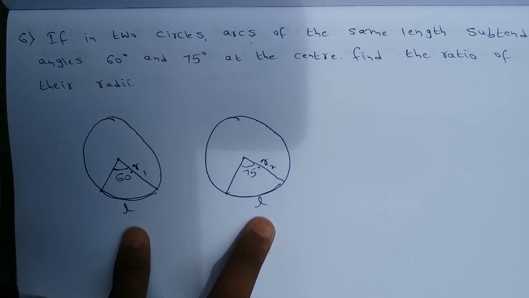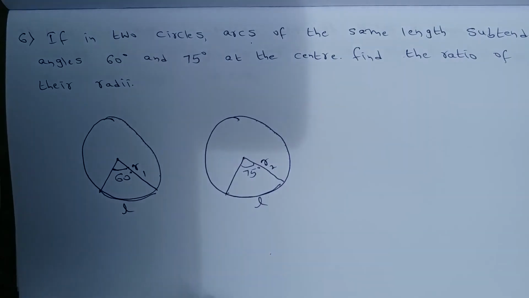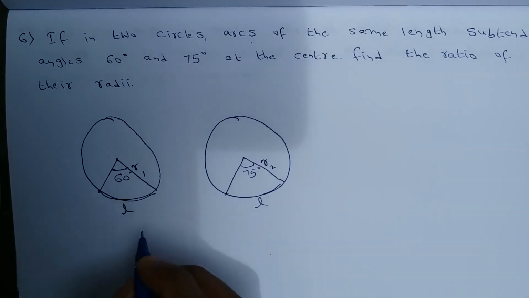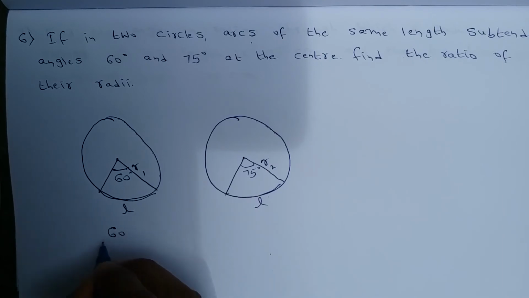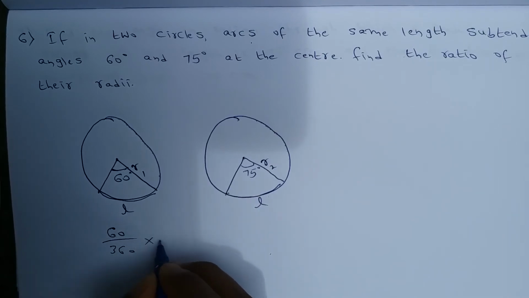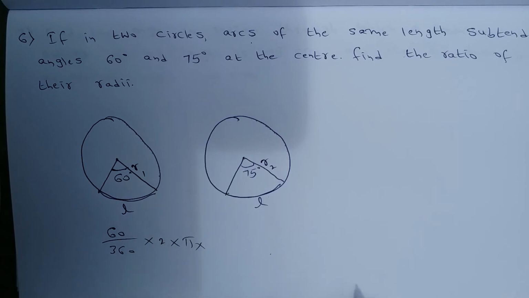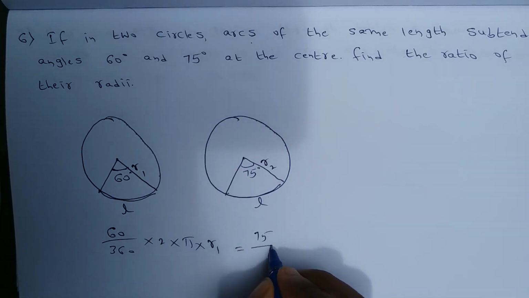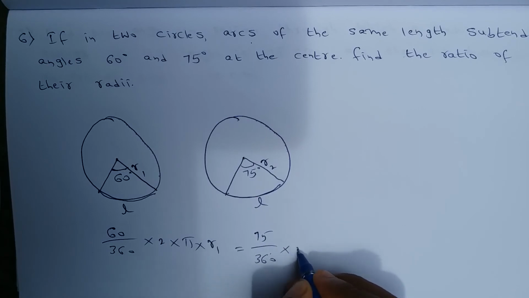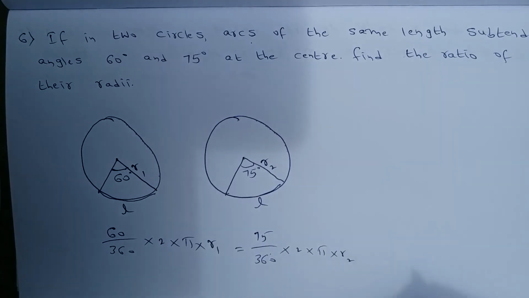Both the arc lengths are equal to each other, so I will write the formulas for that. Theta by 360, that is 60 by 360 into 2 into pi into R1, is equal to 75 by 360 into 2 into pi into R2.